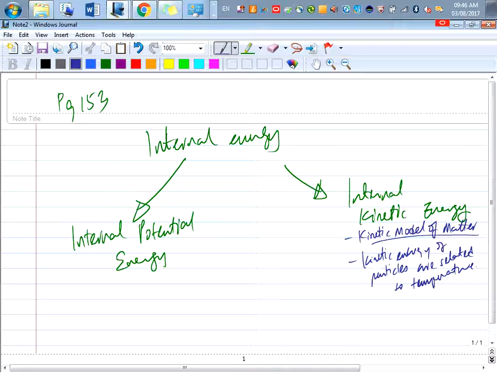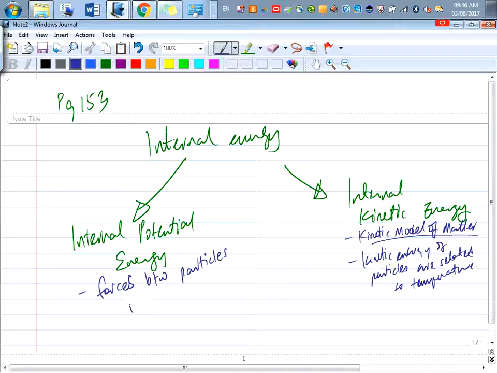We are talking about the bonds between the particles. Like as mentioned in your textbook, there is stretching and compression of the interatomic or intermolecular bonds as the particles move. And it's related to the forces between the particles. Over here, we are talking about the chemical potential energy. So this has to do with forces between particles.